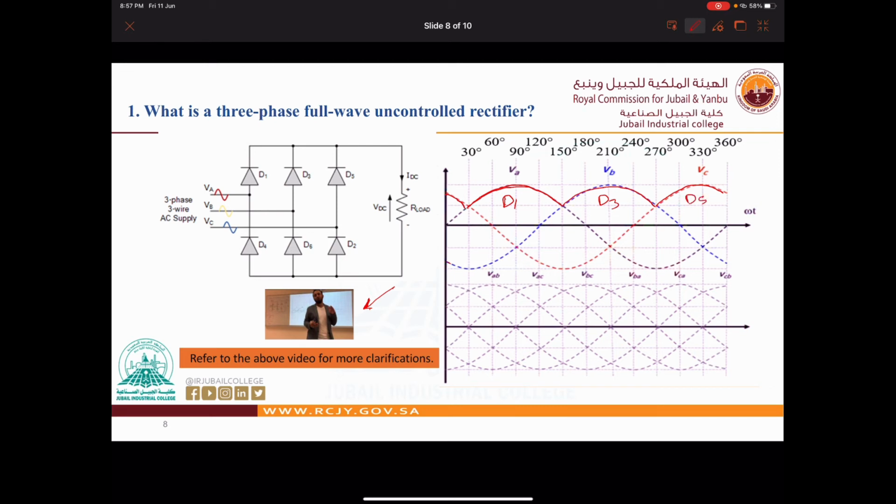And this part we have D6, and this part we have D2. This is how to identify where the diodes are running. Here we have D4.